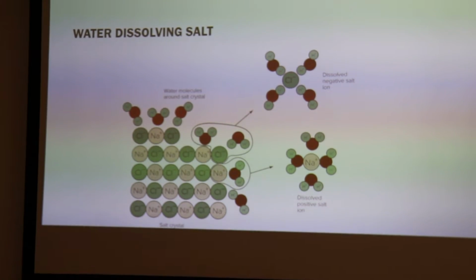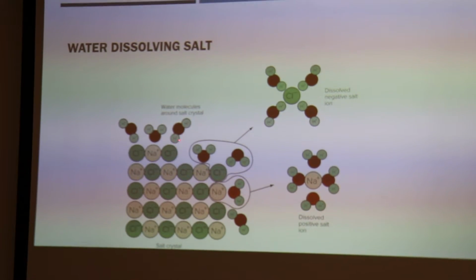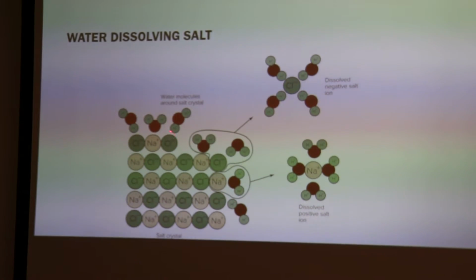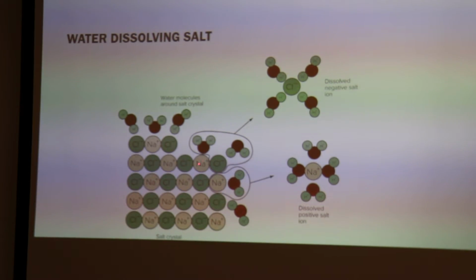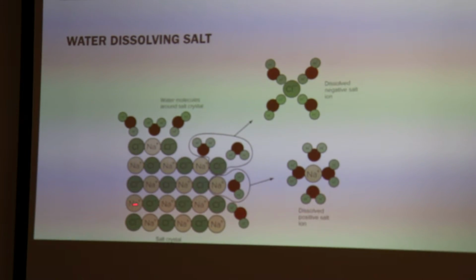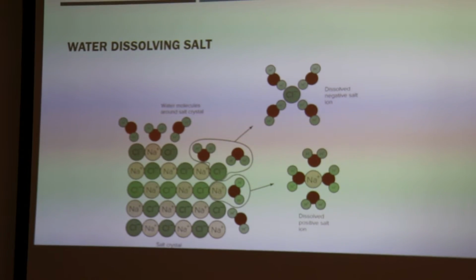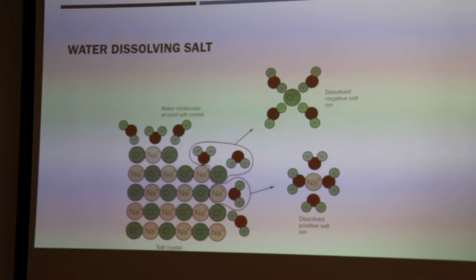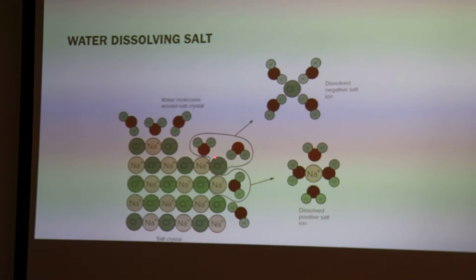The positively charged hydrogen atoms of the water are going to be attracted to the negatively charged chloride of the salt, and it's going to break it off. That's what that's demonstrating right there.